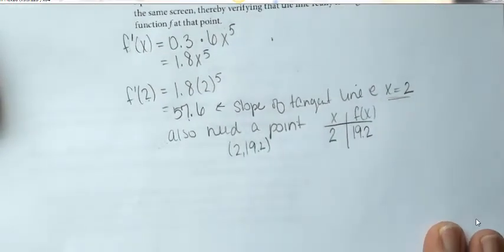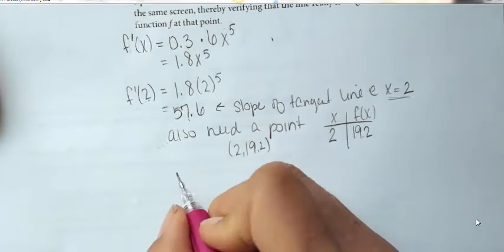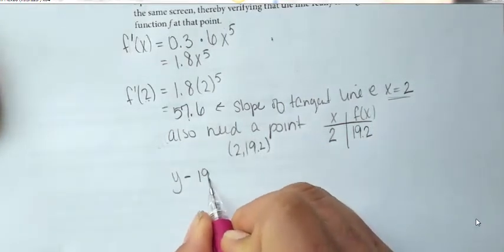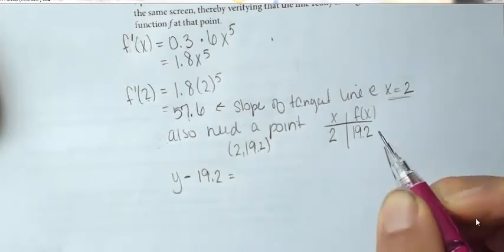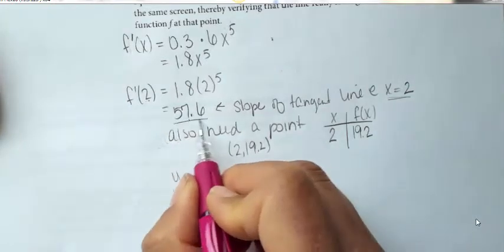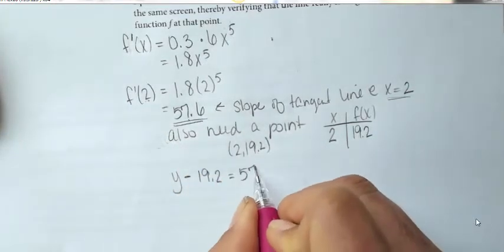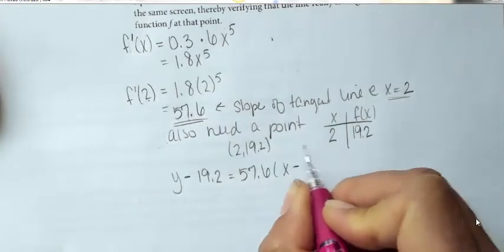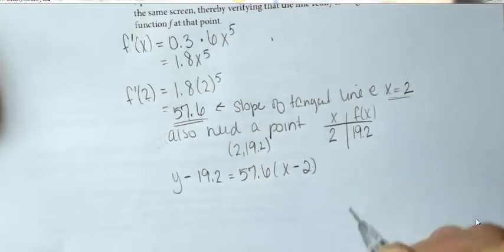And now I can use either point-slope form or slope-intercept form. Totally up to you. I'll do point-slope form. So y minus my y1, which is 19.2, equals my slope, which ended up being 57.6, times x minus x1, or the x value of my point, which is 2.